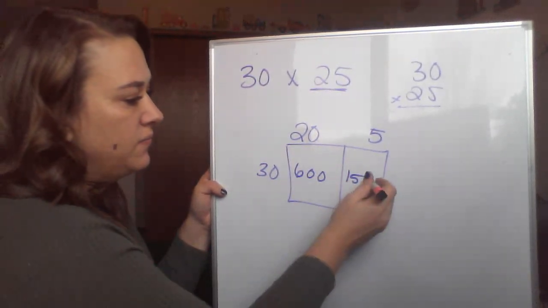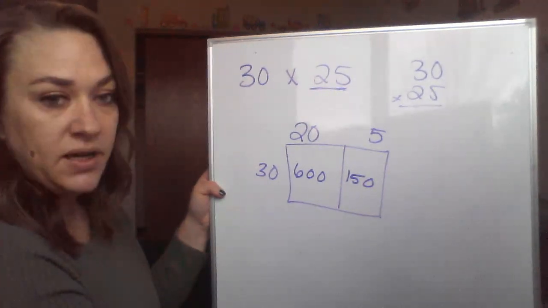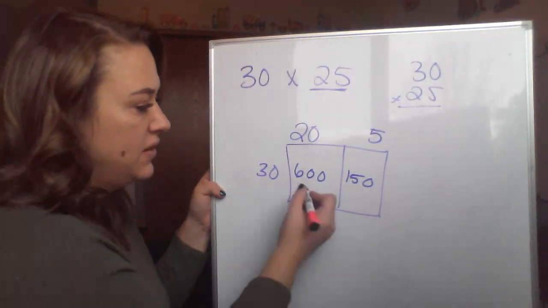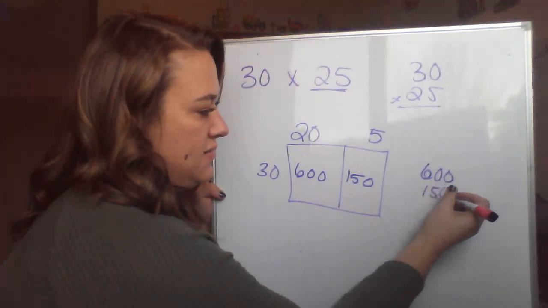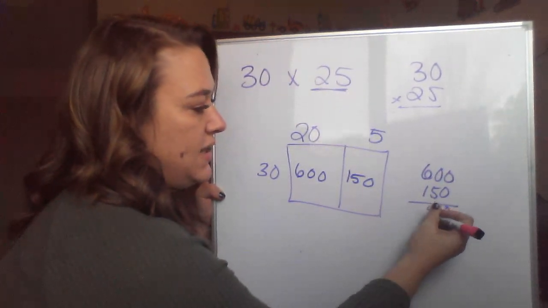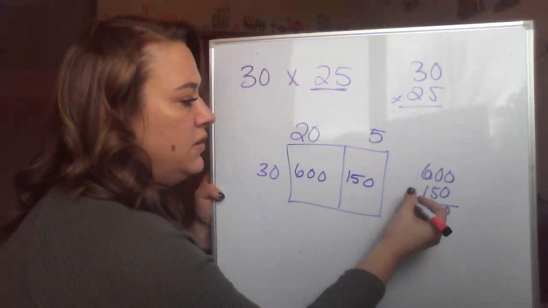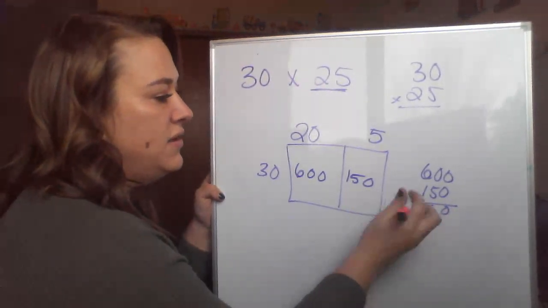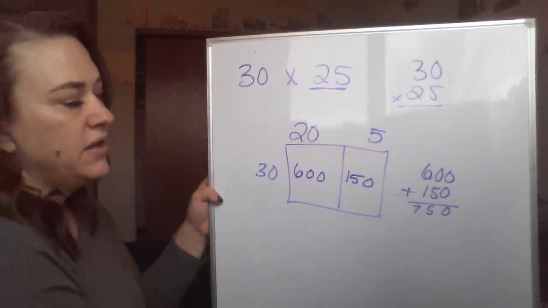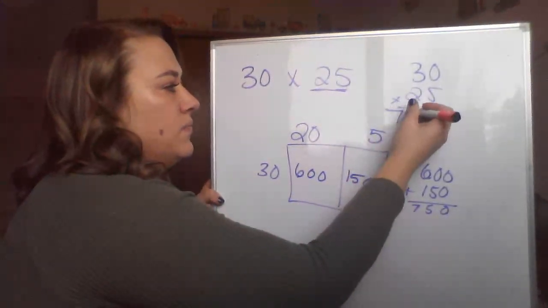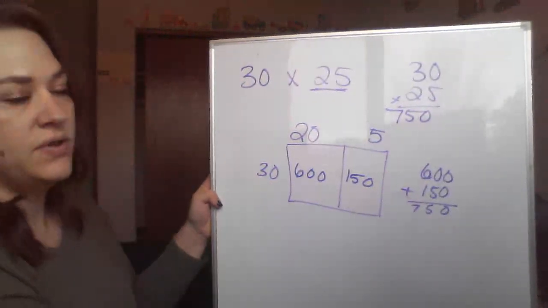Add my 0. It gives me 150. So then I'm going to take 600 and 150 and add them together for 750. So our product for 30 times 25 is 750.